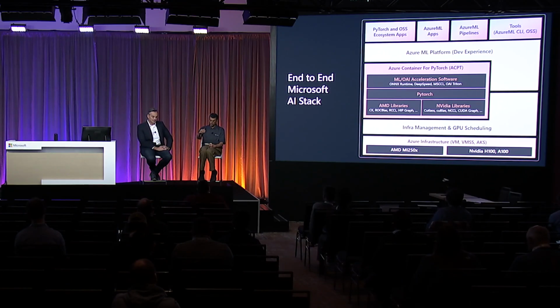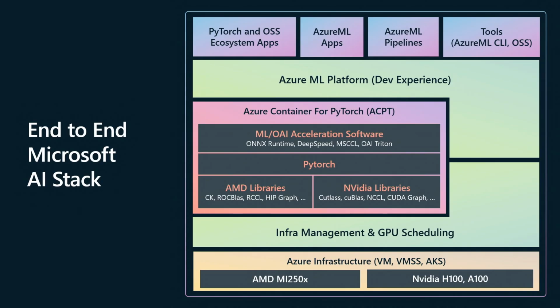And then when you go to the top level, you have the PyTorch ecosystem apps. So you can just write a plain PyTorch application that you bring, or use some open source trainer framework like the Hugging Face Accelerate framework, or the like. A lot of people pre-training models use Meta's FairSeq.